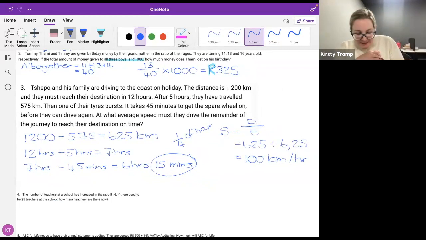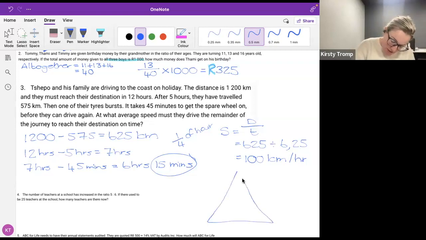Explain the part on how you got S equals D over T? So when we do speed, distance and time, we always look at it like it's a triangle. Have you seen this triangle before? Yes, ma'am. Distance is always on the top, and speed and time below. If I'm looking for speed, it's going to be equal to the distance divided by the time.